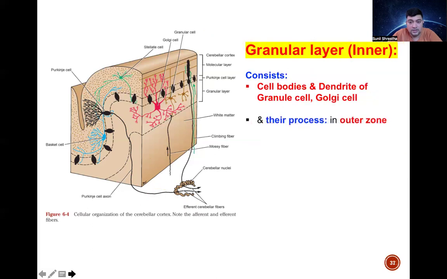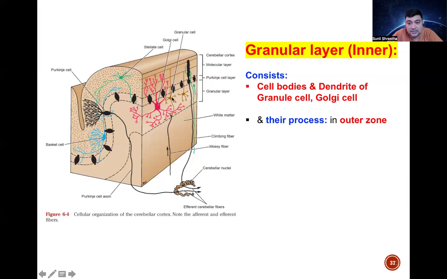Now, the granular layer. The granular layer is the third layer, present between the Purkinje layer and the white matter. It basically contains the cell bodies and dendrites of two cells, the Golgi cell and the granular cell. These are the two cells present in the granular layer.